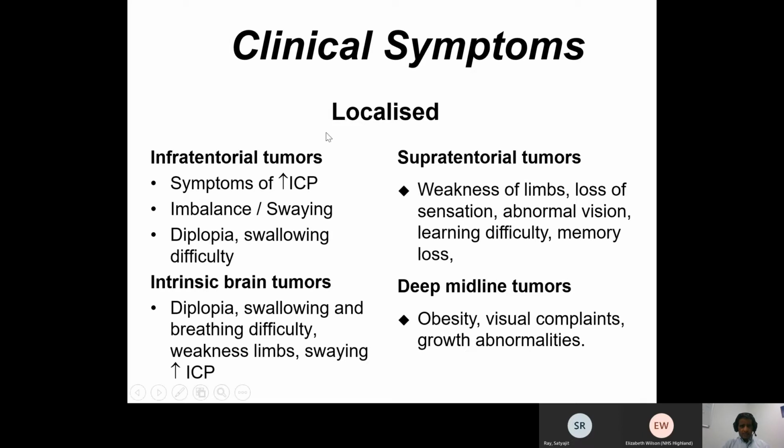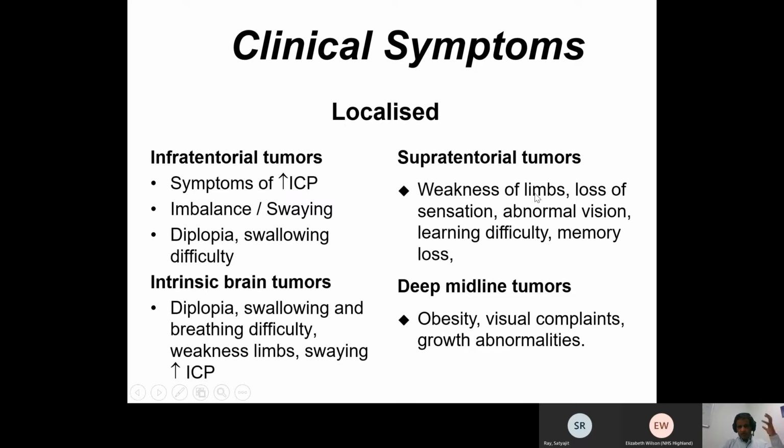So any tumor starting there will raise the intracranial pressure very much. So often the children present with headache, vomiting, then because of the long tracts going to the legs, they develop ataxia, gait symptoms. And sometimes they develop non-specific eye symptoms like diplopia or squinting.